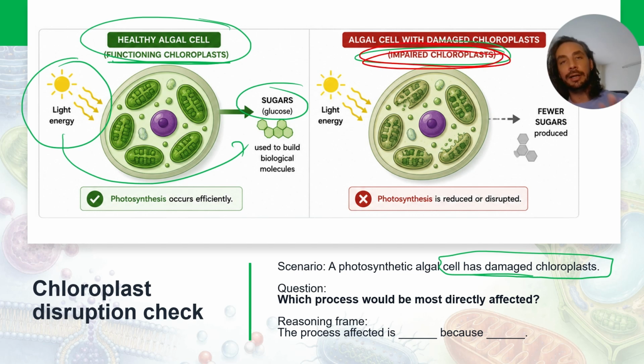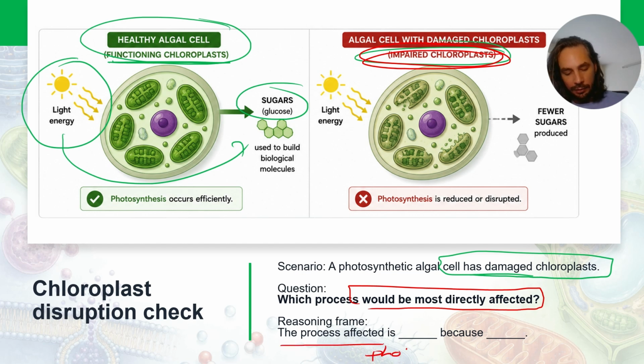They are not working as they should. The question is, which process would be most directly affected? And the process affected is photosynthesis, because the chloroplast's main function is to take in light energy and turn it into sugars.